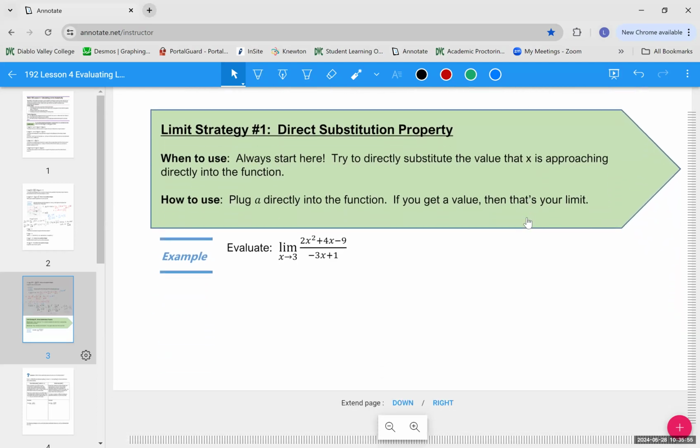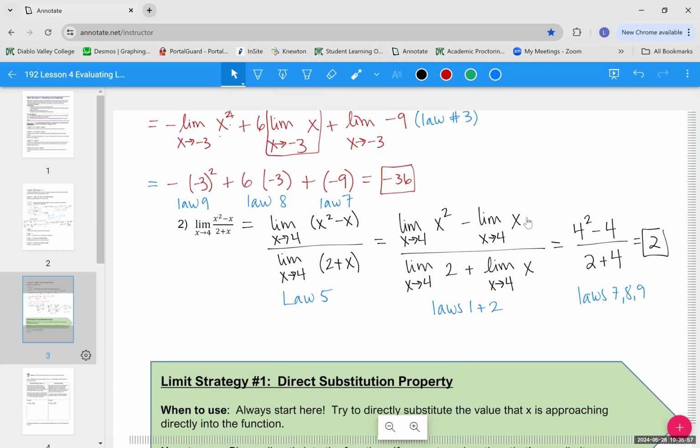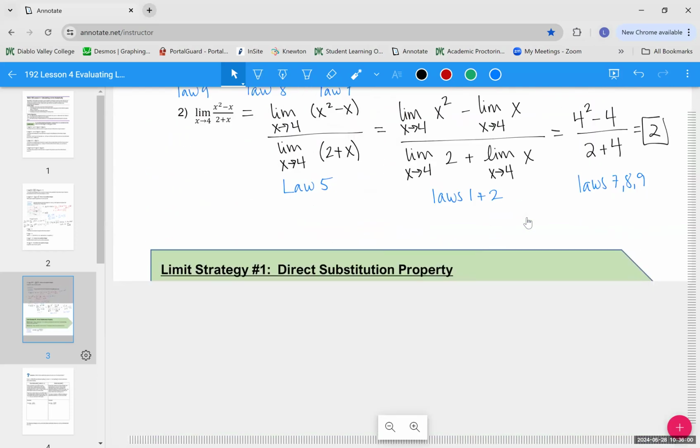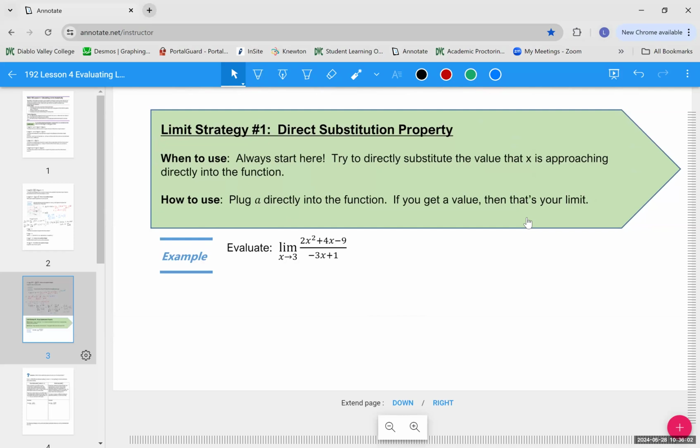Okay, so I know that we just went through these examples in extreme detail, but more likely what you're actually going to do if you were trying to find a limit, the instructions will say evaluate. And what does evaluate mean? It means find the value of, and then you're given a limit.